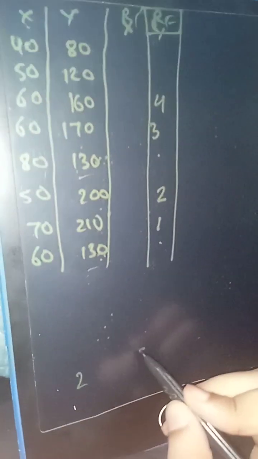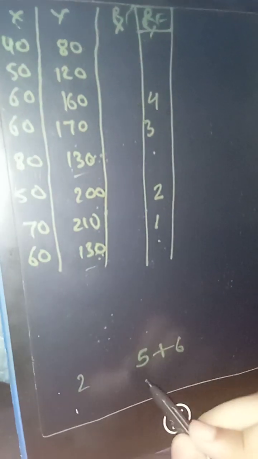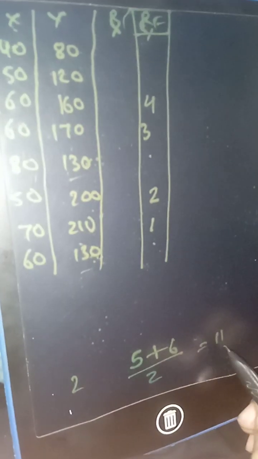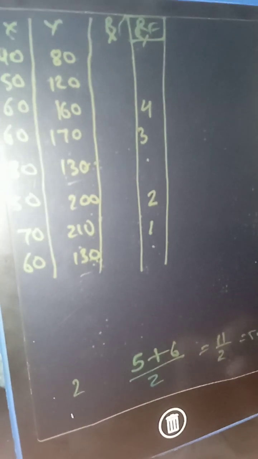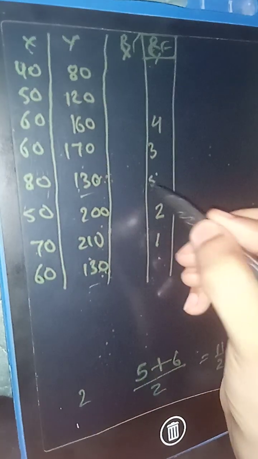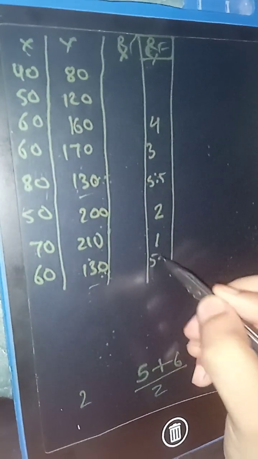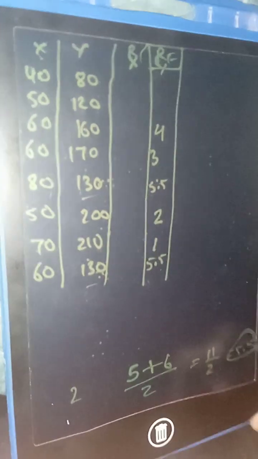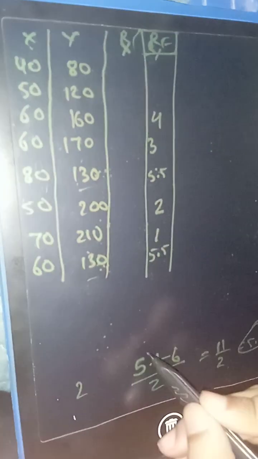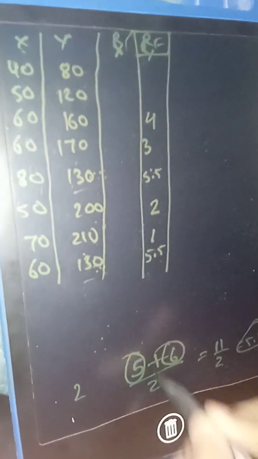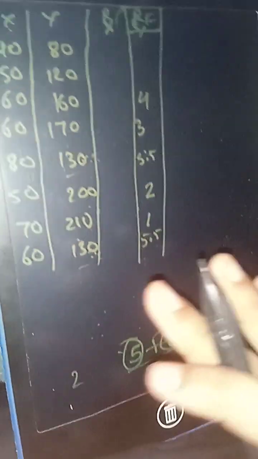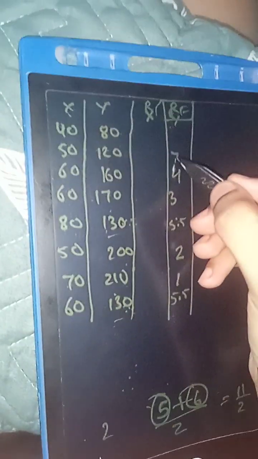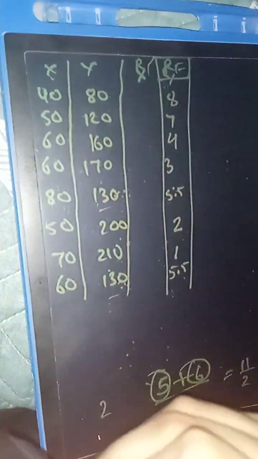So add rank 5 and rank 6 and divide by 2 because there are only two numbers. 11 divided by 2 is 5.5. Assign this rank 5.5 to both the numbers. Easy, wasn't it? Assume that we have already used rank 5 and rank 6, so do not start from 6, now start from 7. Assign rank 7 here, rank 8 here.